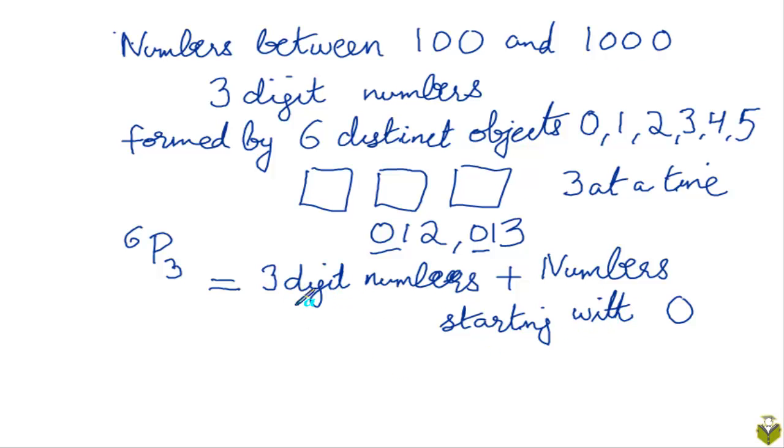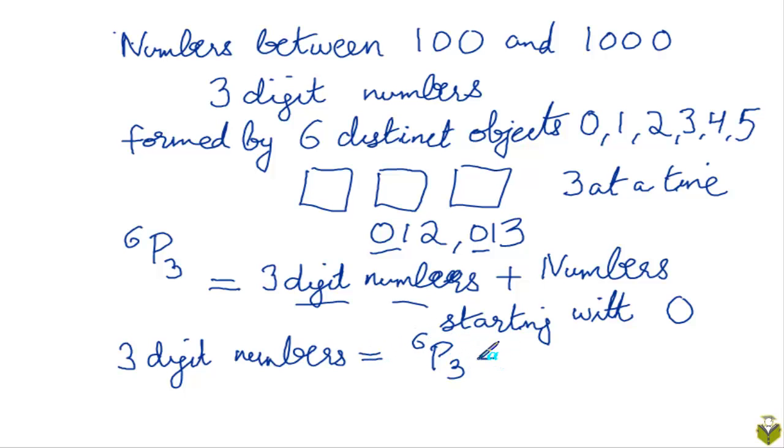So how do you get these 3-digit numbers then? You basically have to subtract. So the 3-digit numbers are basically just 6P3 minus the numbers starting with 0, right?